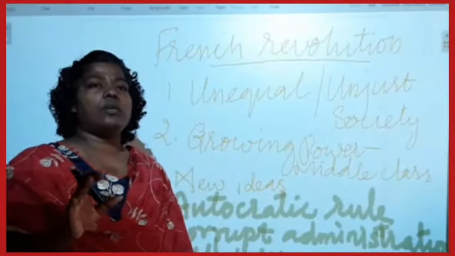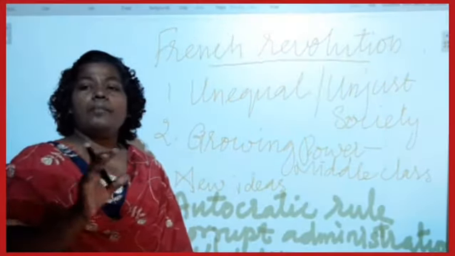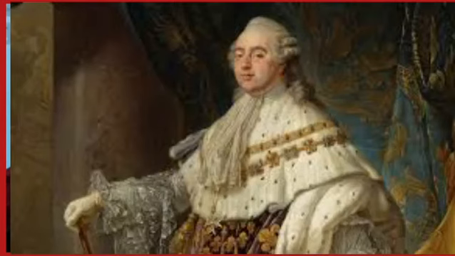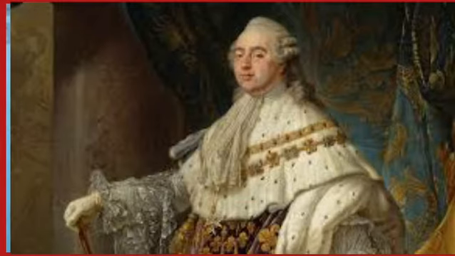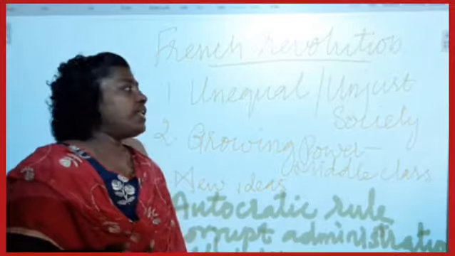Feudalism was in a high place. The people who depended on the feudal lords were given importance in society. The people were suppressed under the feudal lords. That was the condition of the French during 1781 or after.